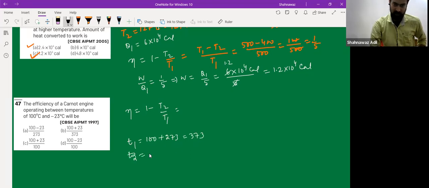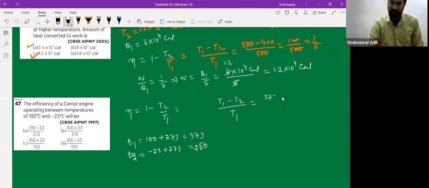And T2 is minus 23 plus 273, so this is 250. So efficiency is T1 minus T2 by T1, which is 373 minus 250 by 373. 373 minus 250 is 123.